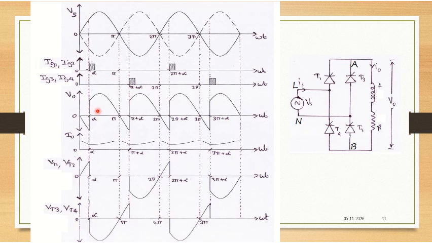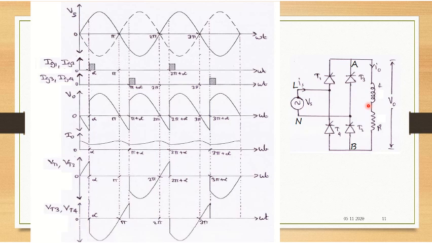Observe here the output voltage is positive and current is also positive, so the power flow will be from AC source to load, that is, supply to load.